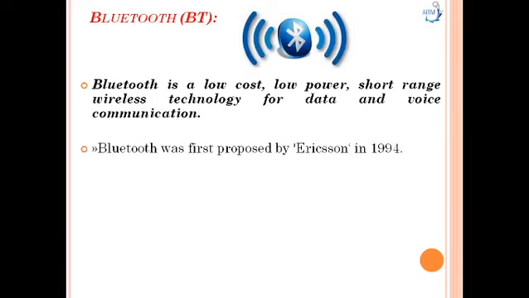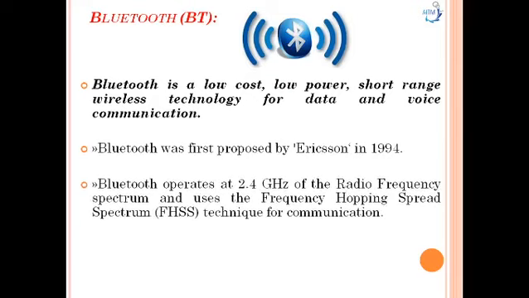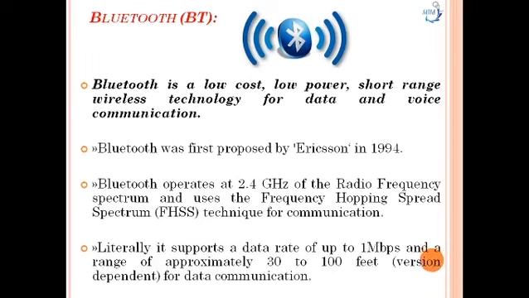Bluetooth was first proposed by Ericsson in the year 1994. Bluetooth operates at 2.4 gigahertz of the radio frequency spectrum and uses the frequency hopping spread spectrum technique for communication here. It supports a data rate up to 1 Mbps and a range of approximately 30 to 100 feet for data communication here.